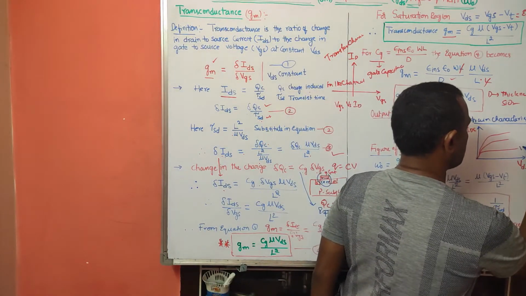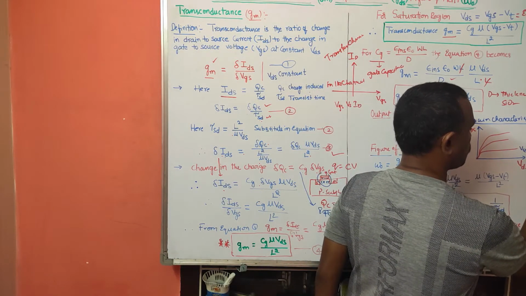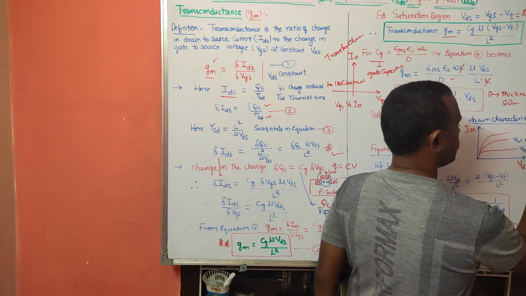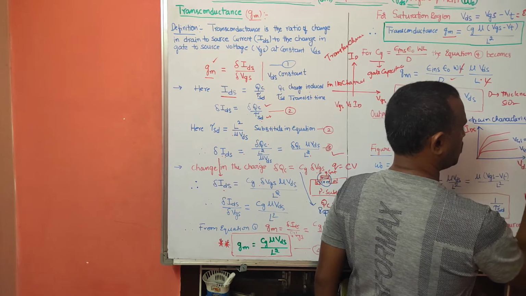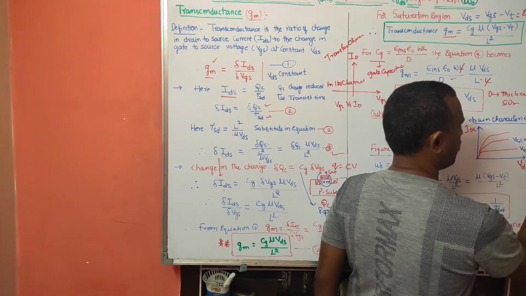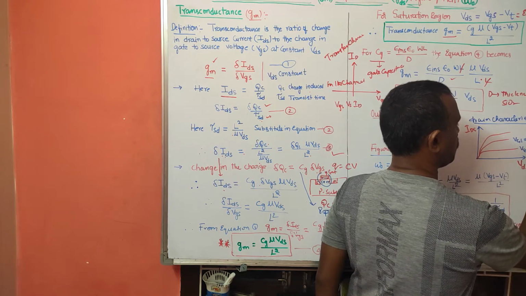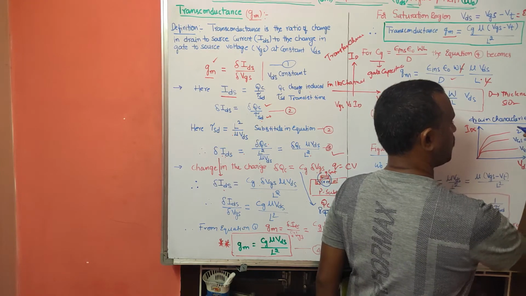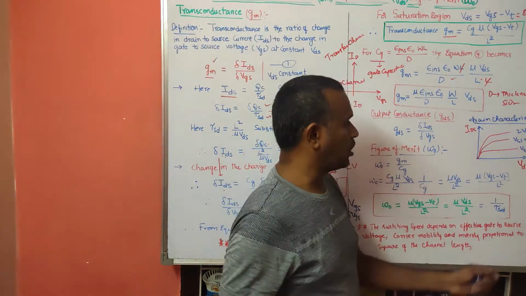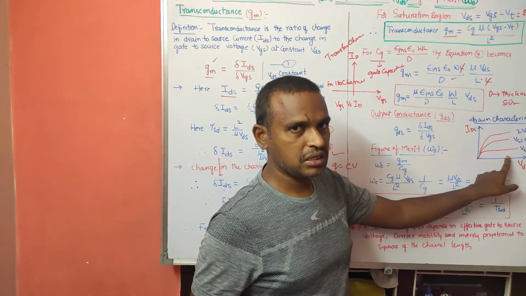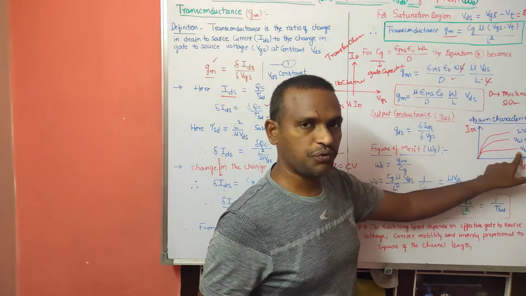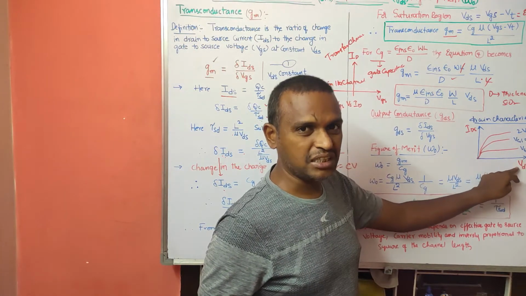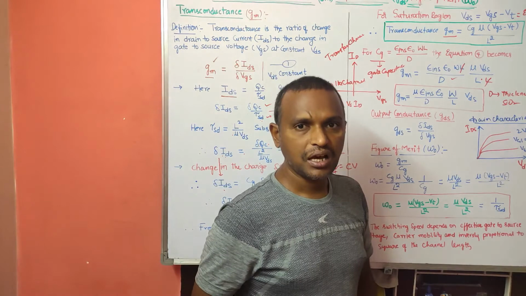This one is VGS equal to some positive value. I will show it in terms of VDD: 0.5 VDD, suppose, this is 1 VDD and this is 2 times VDD, like that. For different values of VGS, first I will take 0.5 VDD, and next I increase VDS so that I can calculate IDS.